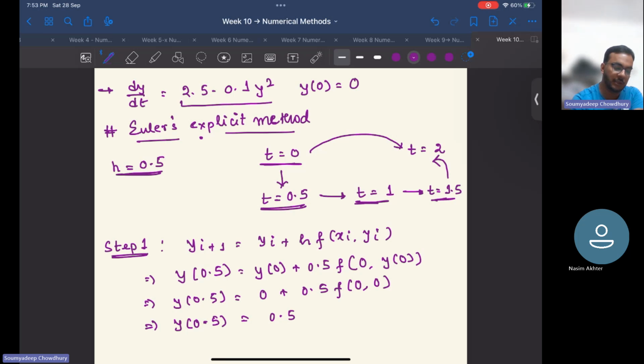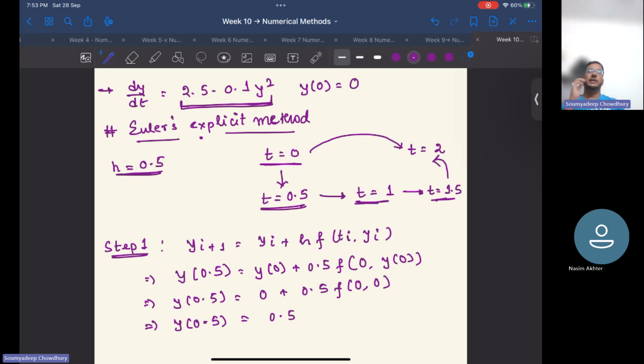f is your dy by dt function, right? So f of 0 comma 0 is how much? Here your f is only a function of y. It can be a function of t also. So that's why we are writing it f of t_i. Here it is not x_i, it is rather t_i.